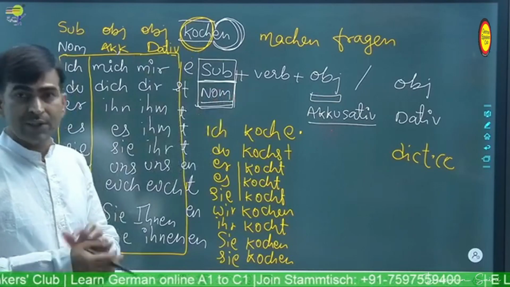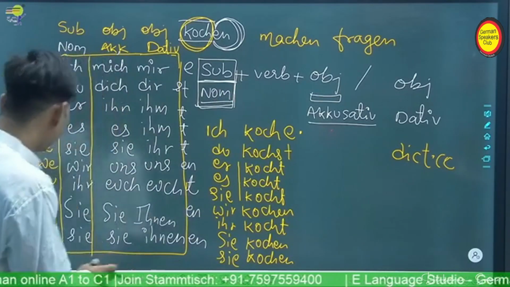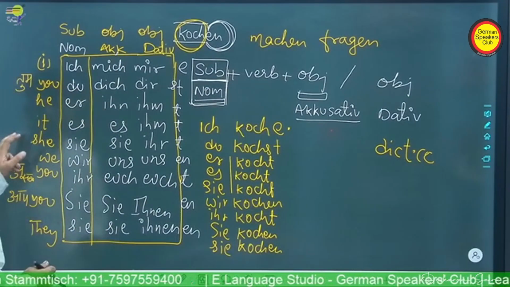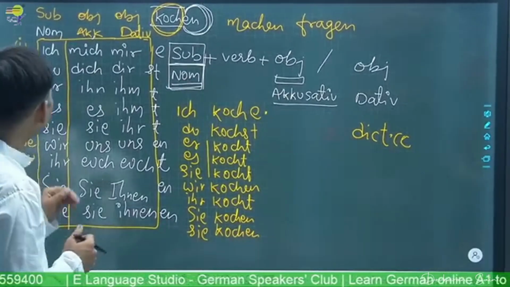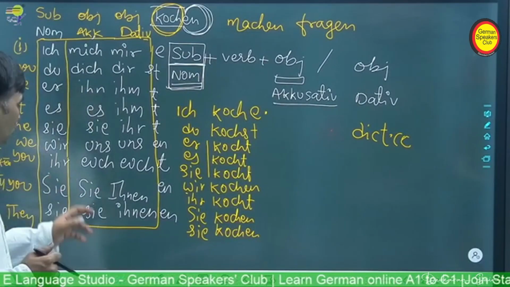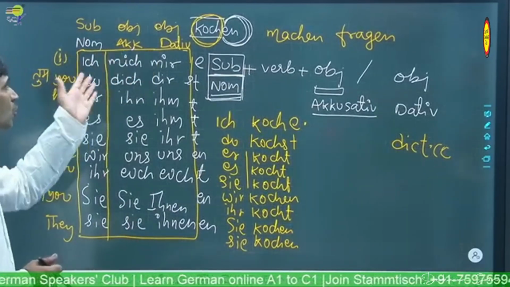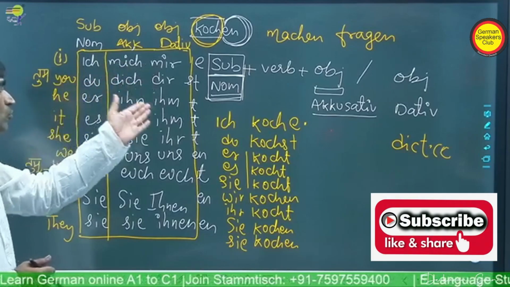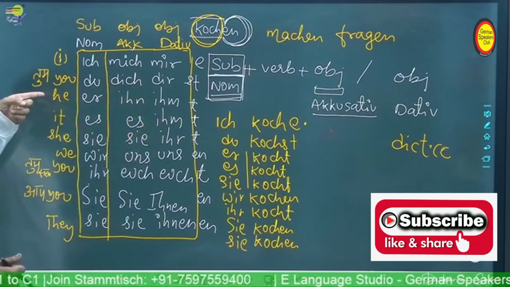Now comes the important part, that is the object. If you get to know how to use the object, then you can learn this in a better way. It is very important to know how to use the object. In this case, we have seen the personal pronouns ich, mich, mir. So we should know the meaning: me, myself, to me, he, himself, to him, she, herself, to her.